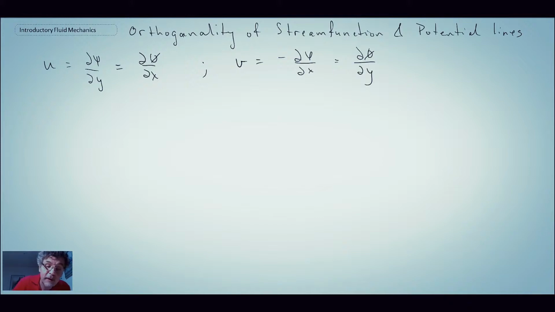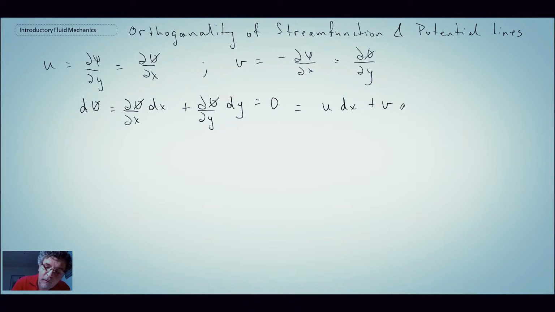Now, we also looked at the total derivative for the potential and the stream function. And we said that on lines of constant potential, that was 0. And therefore, subbing in the values for the velocities, we can say that this equation holds along a line of constant phi.